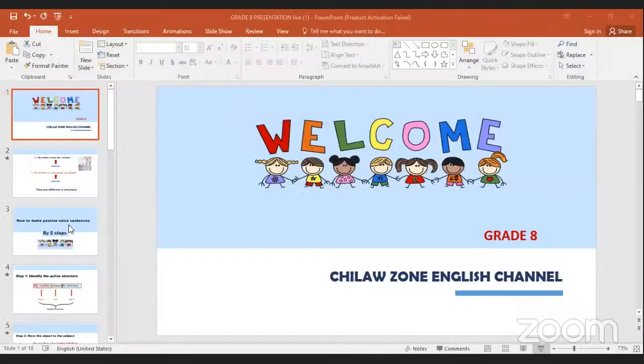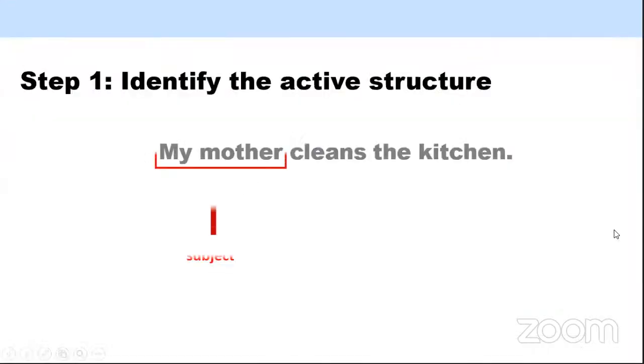So we are going to identify the active structure. This is an active voice sentence. Let's see. My mother is the subject in this sentence.